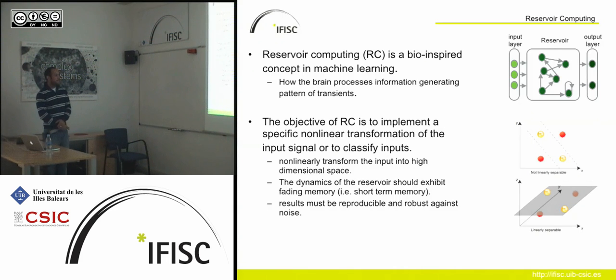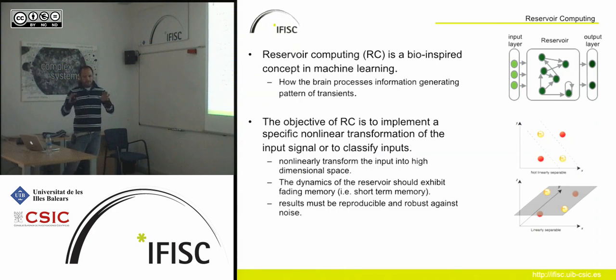The dynamics of the reservoir should have short-time memory. This is particularly useful when we are predicting time series, because then we don't only have the information of the present, but we have some past still in mind that we can use in order to make a better estimation. And our results should be reproducible and robust against noise.